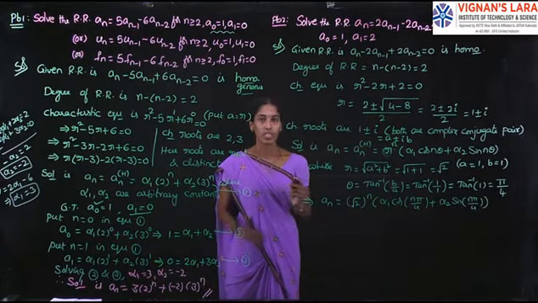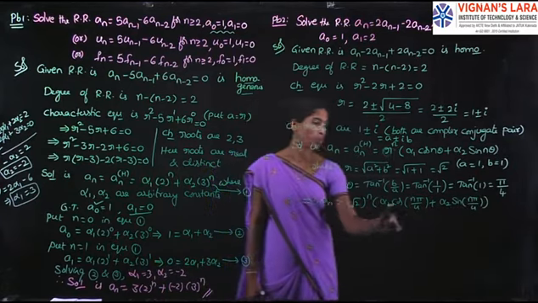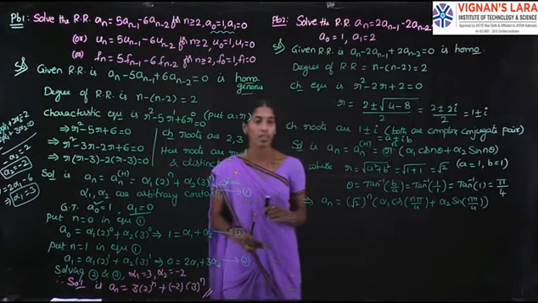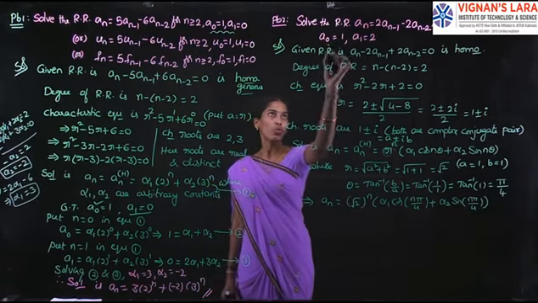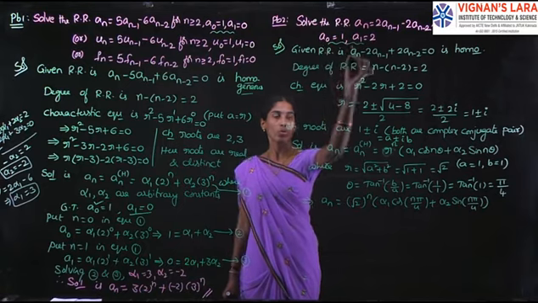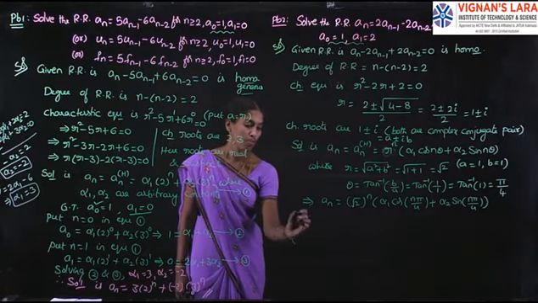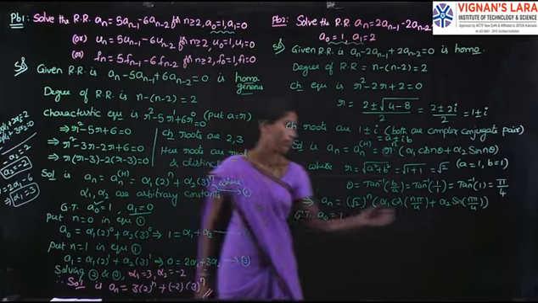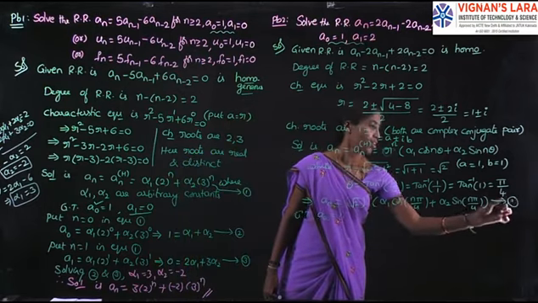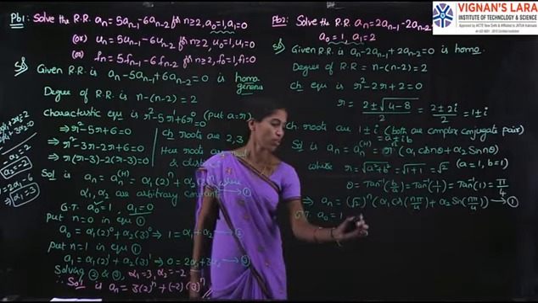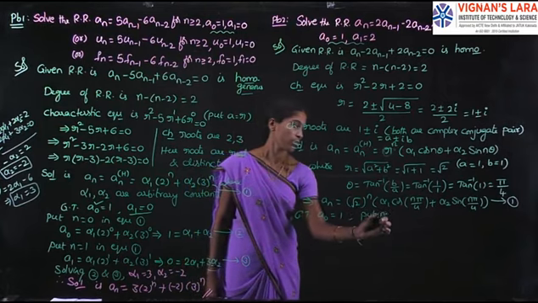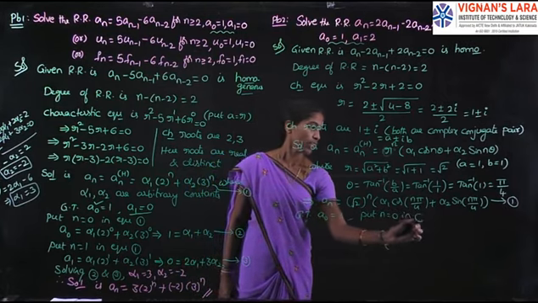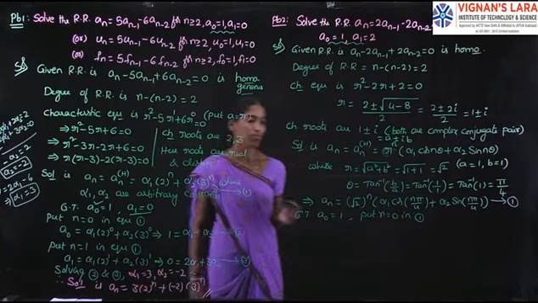Right? This is the solution, but here we have two arbitrary constants alpha 1 and alpha 2. To find those two constants, we have to use the initial conditions. Given that a naught is equal to 1, put n is equal to 0 in equation 1.